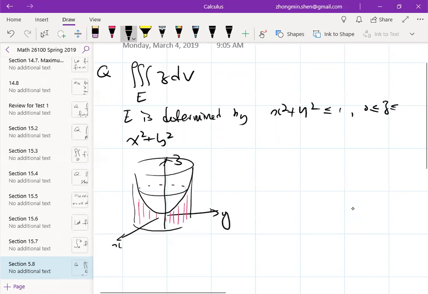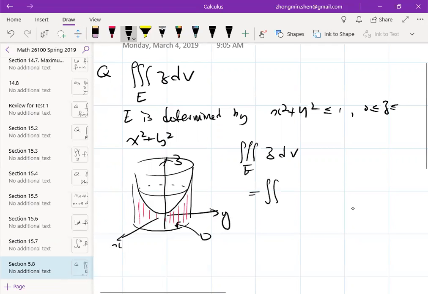So the best way, well, you don't need to use cylindrical coordinates to solve this problem. If you describe this region by D, the triple integral can be changed to a double integral.